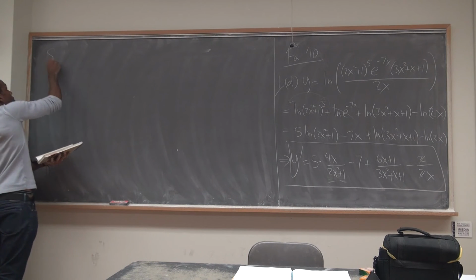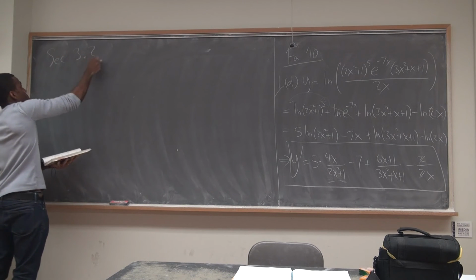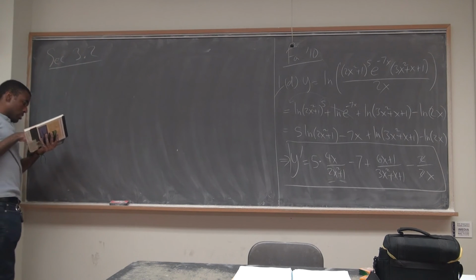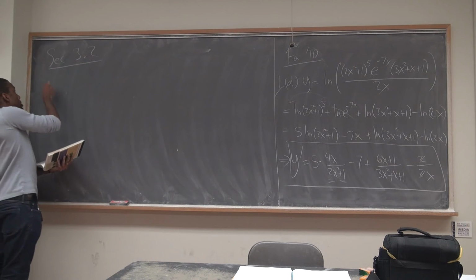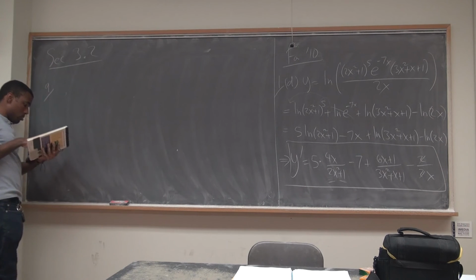So here we're doing section 3.2. Here's also a fun one. Let's do problem 9 and then we do a marginal cost one.